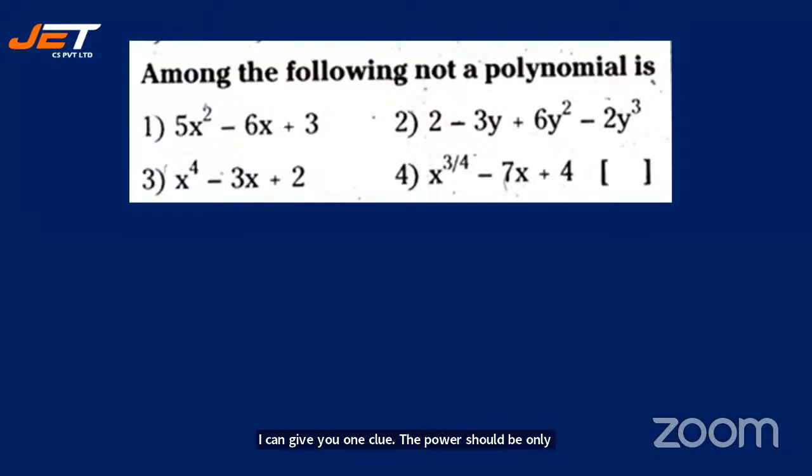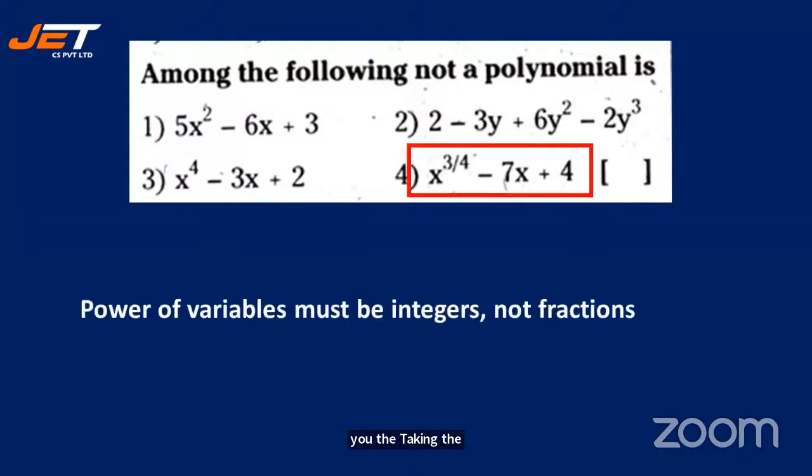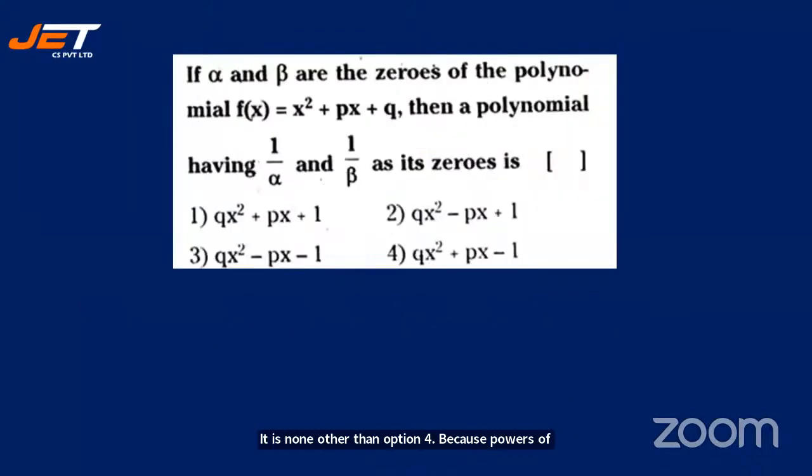Let's see how many are going to give me the correct answer. Almost all are giving me the right answer. It is none other than option 4, because powers of variables must be integers and cannot be fractions. All right, excellent students. See the next question.